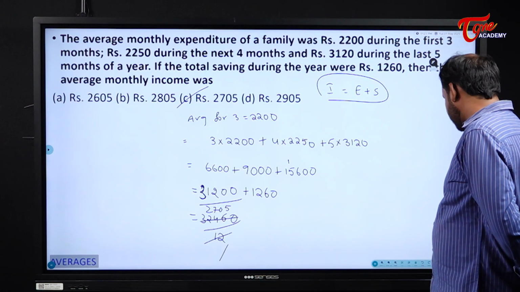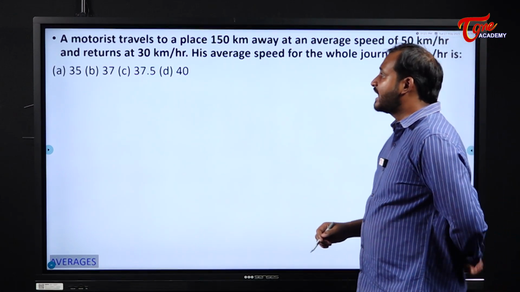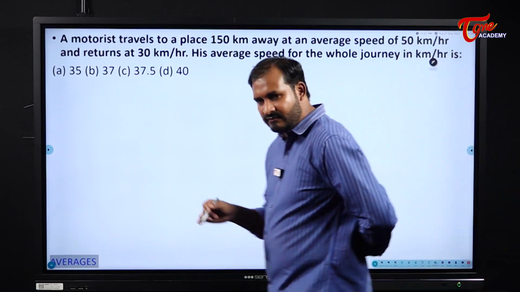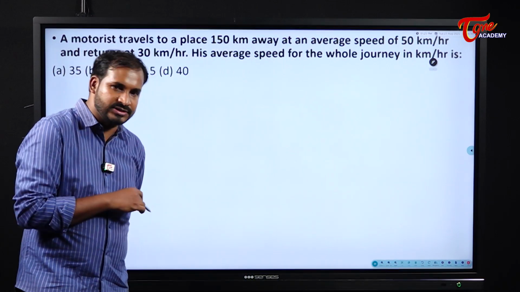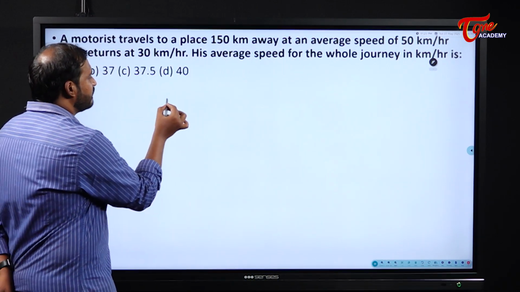Okay. Next one. The motorist travels to a place. See here students, actually while discussing time and distance we will come across this one. But meanwhile you can write the formula.